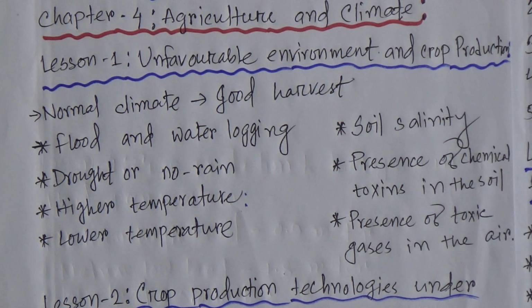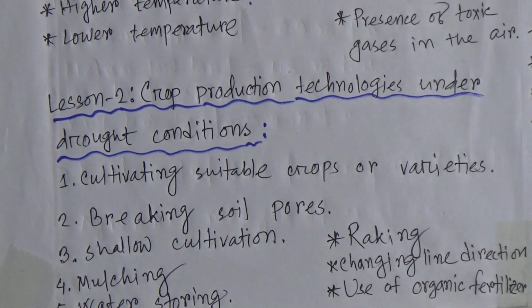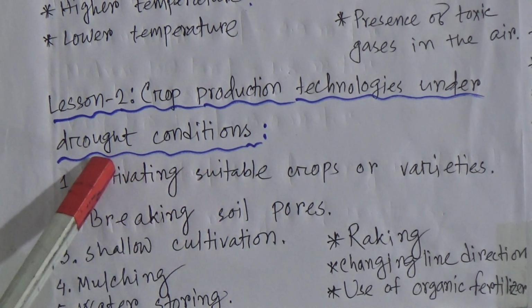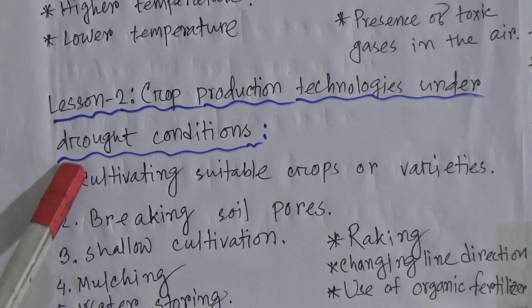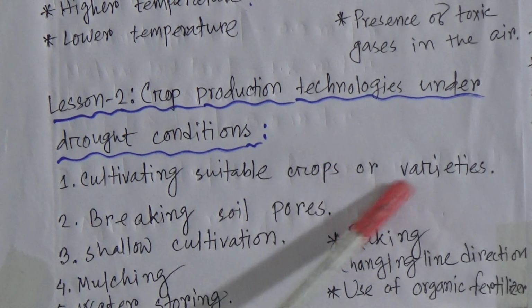Now lesson 2, crop production technologies under drought condition. Now we will learn how to get a good harvest under the condition of drought. Number 1, cultivating suitable crops or varieties.